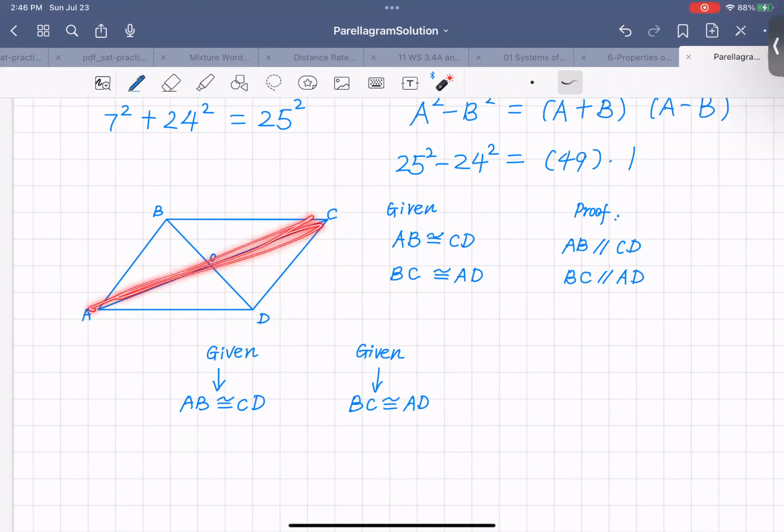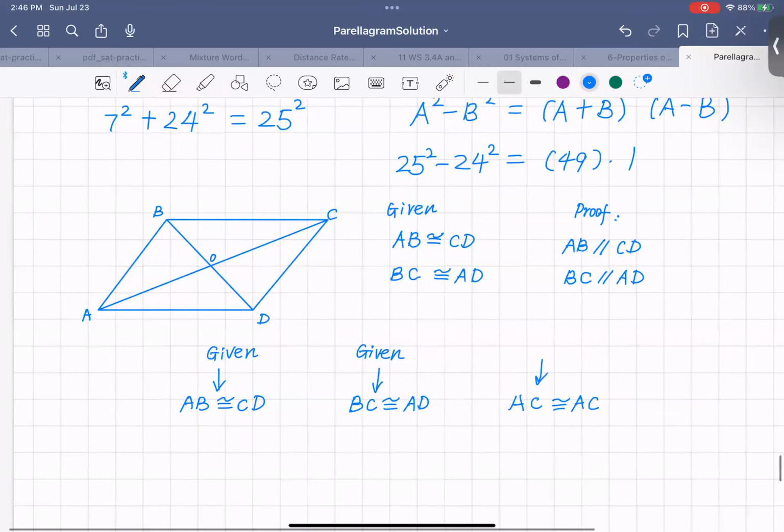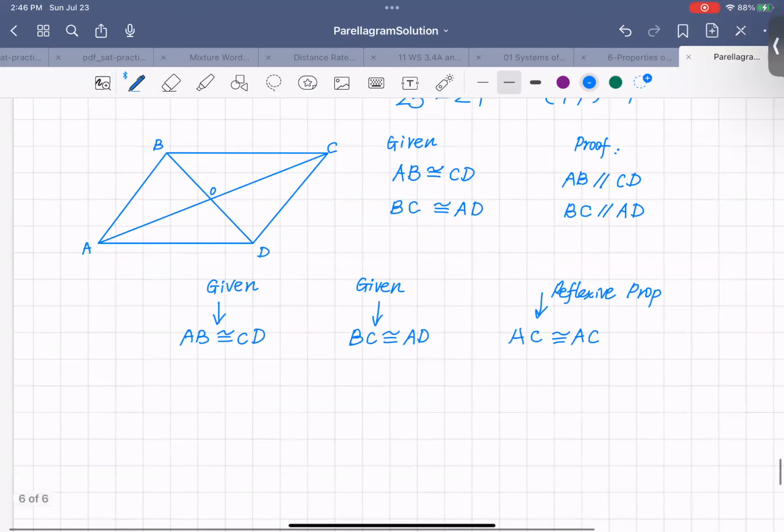And at the same time, the diagonal AC equals itself. This is called the reflexive property. Okay, go ahead, write down this.